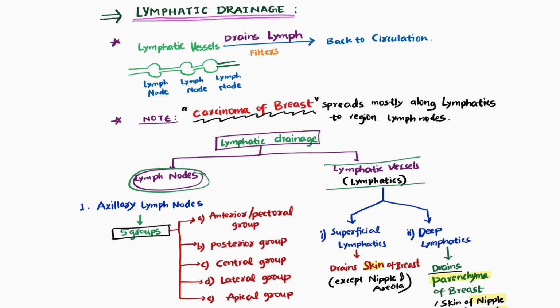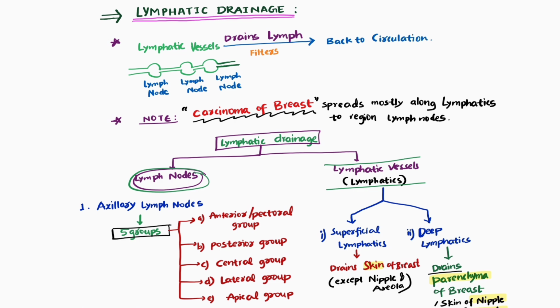We'll see that now. Before discussing the lymphatic drainage, you should know what lymph nodes and lymphatic vessels are. Lymph nodes have predominantly lymphocytes as the tissue present in the node. The lymphatic vessels are the vessels which carry the lymph and pass it through the lymph nodes. You have to remember this.